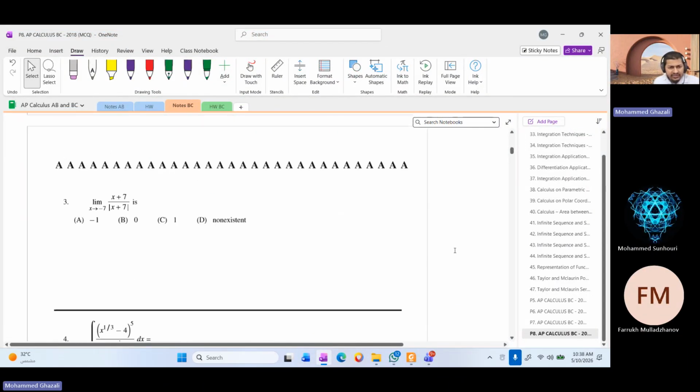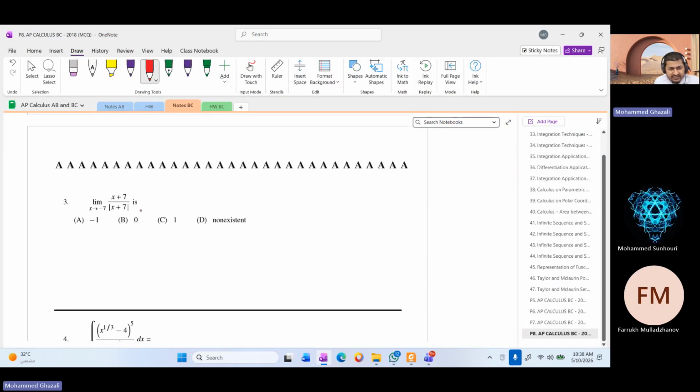Next one, we want to find the limit as x approaches -7 of this. An absolute value here is a problem, because we have the absolute value of x plus 7. We need to redefine it. The absolute value of x plus 7 equals x plus 7 if x plus 7 is greater than or equal to 0, and negative (x plus 7) if x plus 7 is less than 0.